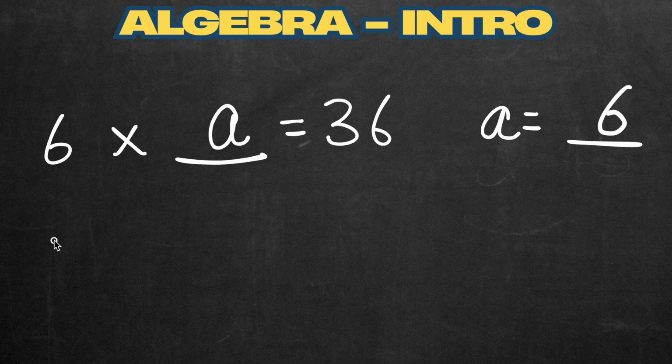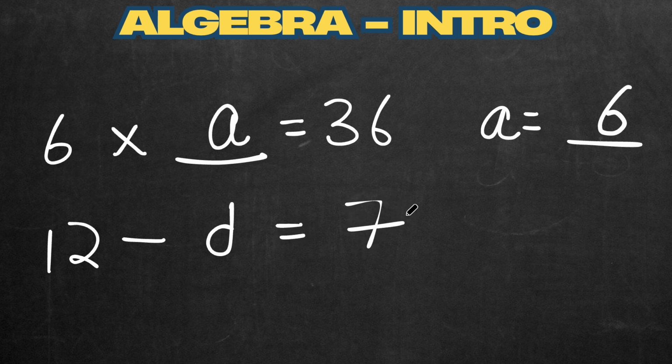Or I did 12 minus d equals 7. Now will you find out, right? So what number should I subtract from 12 to get to 7? So let's start reducing, right? If I minus 1, it's 11. If I minus 2, it's 10.